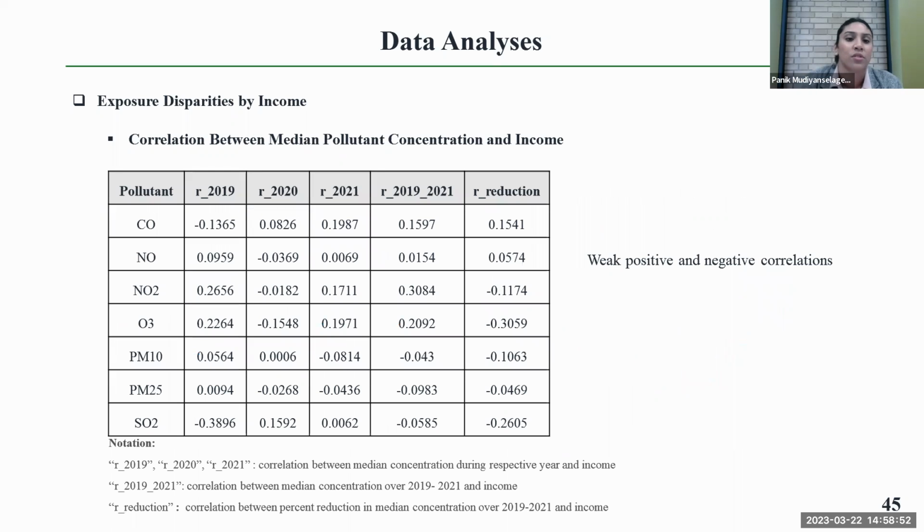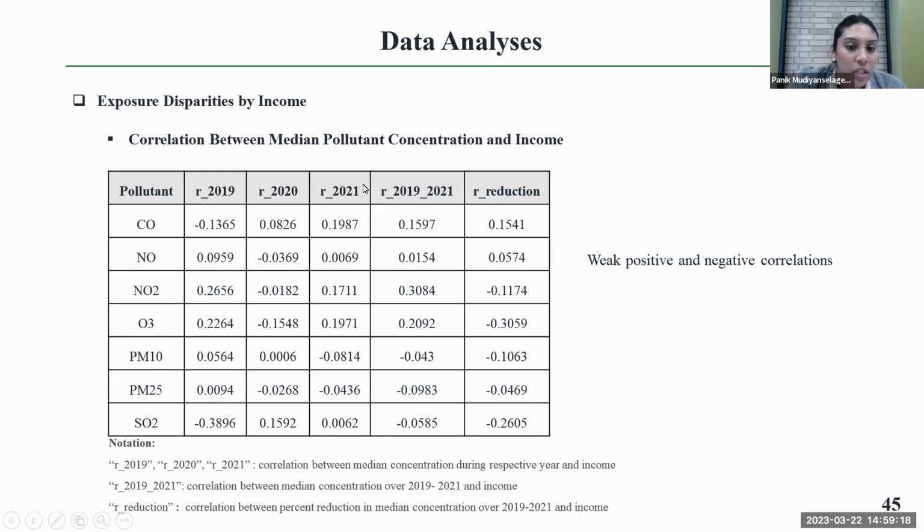And then we looked at the association between pollutant concentration and per capita income. And from the Pearson correlation coefficients obtained, we see that the correlation is weakly positive or weakly negative. I just want to introduce the titles here. So R 2019 just means that is the correlation between concentration during that year and the per capita income.